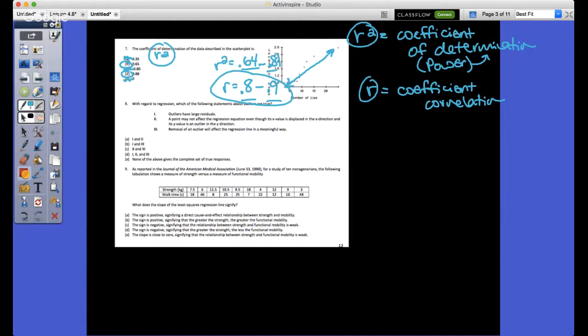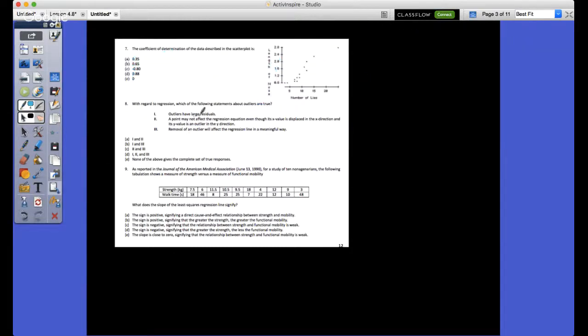Cool. Number 8, it says, with regard to regression, which of the following statements about outliers are true? Outliers have large residuals. That's true. A point may not affect the regression equation, even though its x value is displaced in the x direction and its y value is an outlier in the y direction.